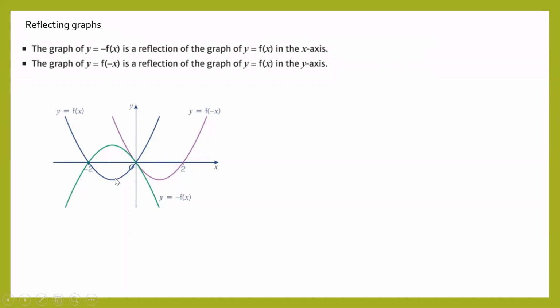If you have the blue one as the original, and then a negative sign inside the brackets, it has been reflected from the left side to the right side, but you don't know by how many steps. You can multiply in this case. If the negative sign is outside, you multiply all the y coordinates by -1. But if the negative is inside the function notation, you multiply each x coordinate by -1.